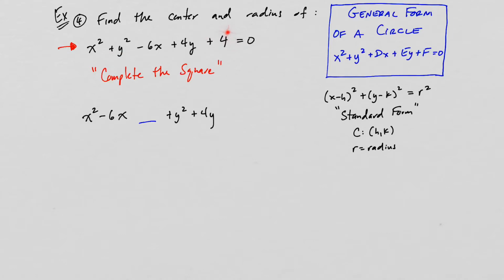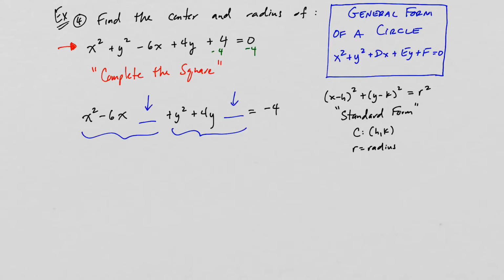And then the plus 4, I'm going to move that to the other side by simply subtracting 4 from both sides. And that's going to give us negative 4. So what I'm doing is I'm grouping the x's together, I'm grouping the y's together, and I'm getting the constant term on the other side. Because what I'm getting ready to do here is complete the square. And we need to complete the square not only on the x's, but also on the y's.